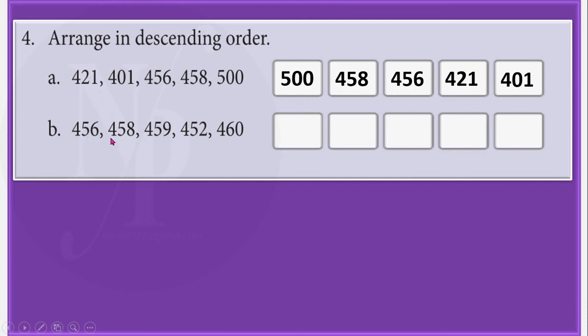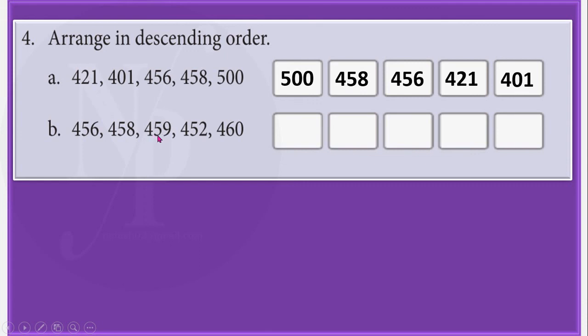Similarly we should arrange the numbers from greatest to smallest here also. So when we look at these numbers, here we have 456, 458. Looking at these two, 458 is the greatest, and comparing with the third number, it is 459.